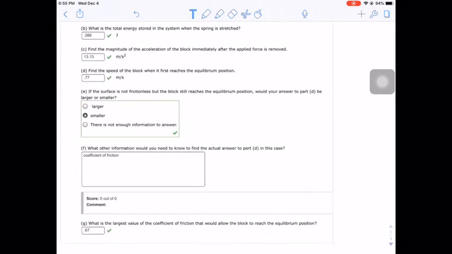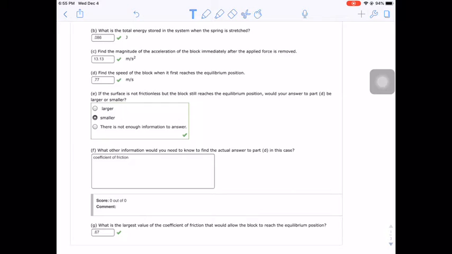Part E asks, if the surface is not frictionless, but the block still reaches the equilibrium position, would your answer to part D be larger or smaller? When you think about this, the answer is smaller. On a frictionless surface, the block is moving and gets there at that speed, and then friction slows things down.